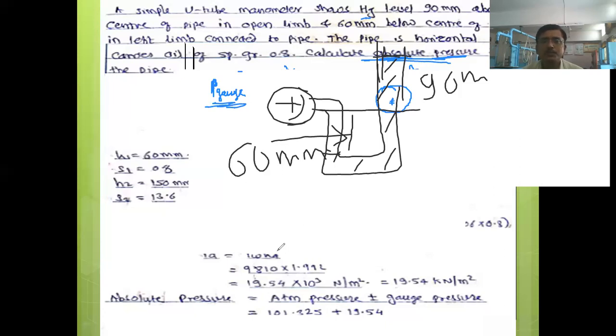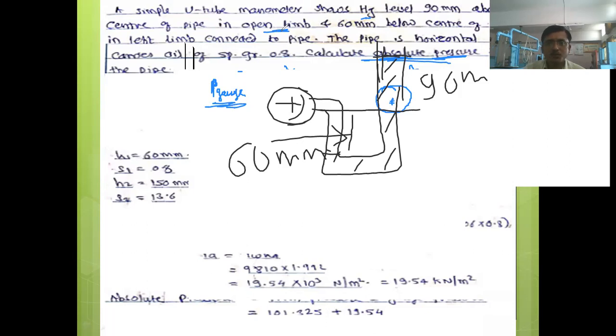A simple manometer shows mercury level 90 mm above the center of pipe in the open limb. Okay, the open limb can be the left limb or the right limb. Up to these words, we don't know which limb is the open limb, whether right or left. And 60 mm below the center of the pipe in the left limb. Now here they are talking about the left limb, so the open limb will definitely be the right limb.